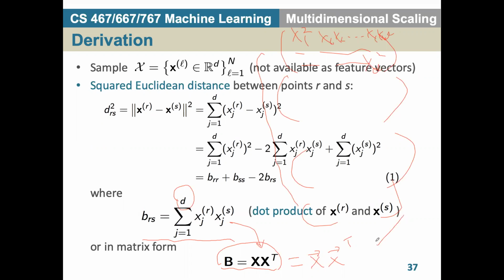If you look at this X matrix here, instead of one x1 to xd, it's actually a matrix. This was the first row, and this is the last row, maybe n data points, and this is its transpose. To get the item B here, you can see it's really the first row times the first column.